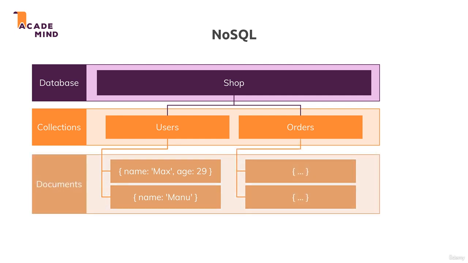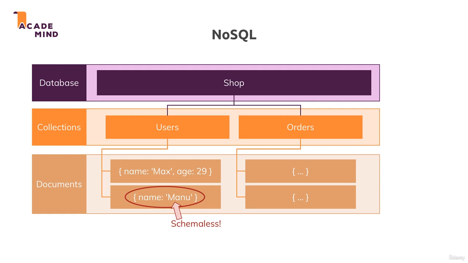Now, those are the documents in our collections, and what you can already see here in the users collection example is that NoSQL doesn't have a strict schema. Here, we got two documents in the same collection, but the second document, Manuel here, does not have an age. And that is perfectly fine in NoSQL. You can store multiple documents with different structures in the same collection.